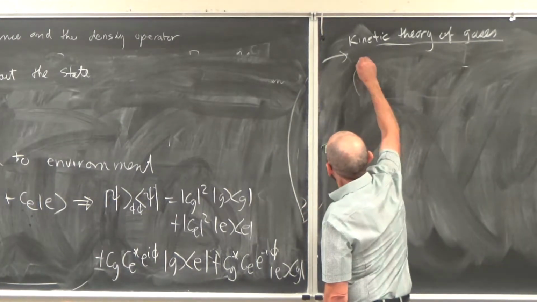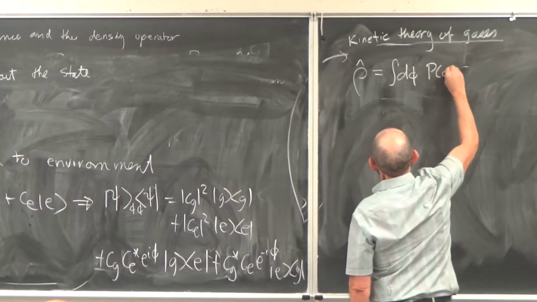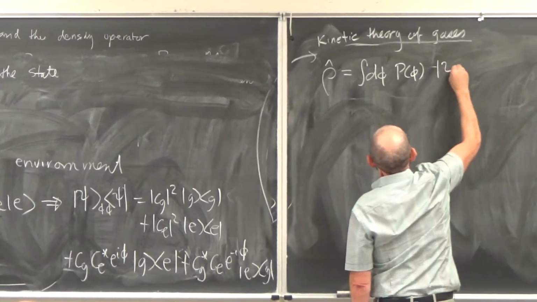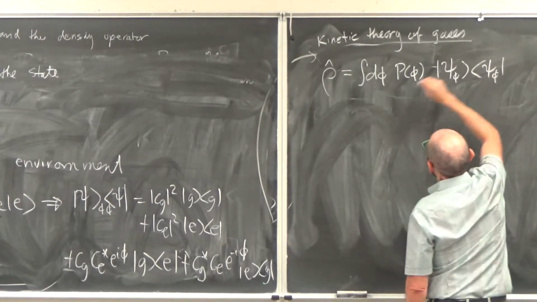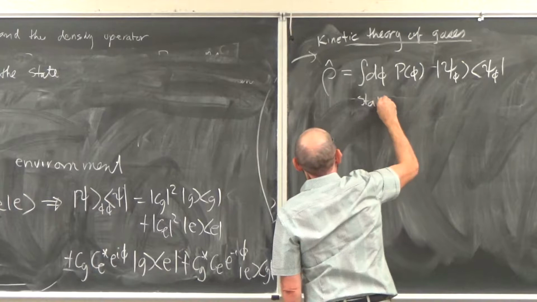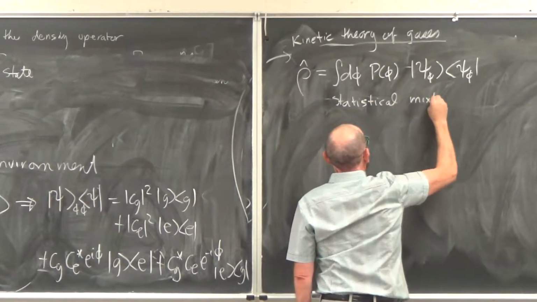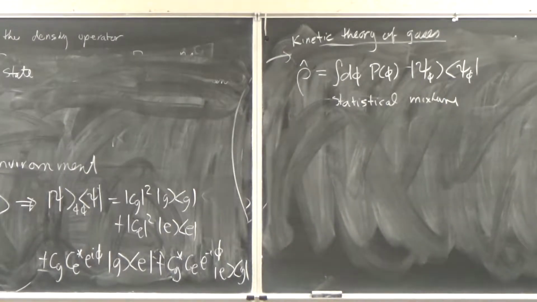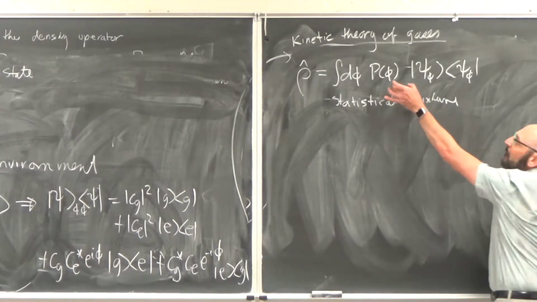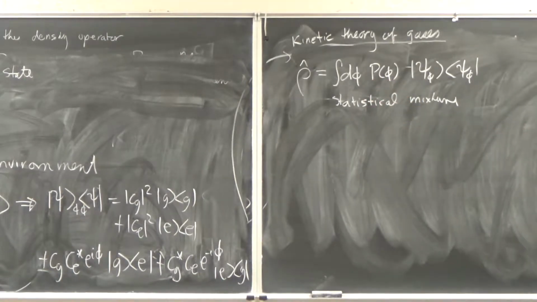And we say that the state of the system is now a statistical mixture of those states, weighted by the classical probability associated with that particular phase shift.